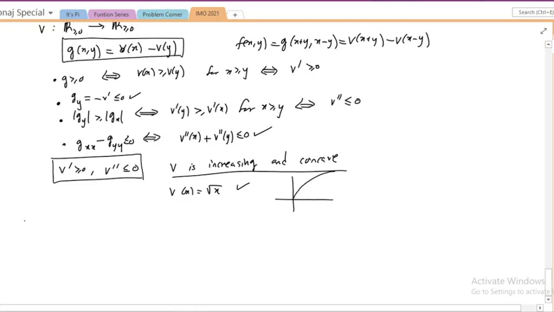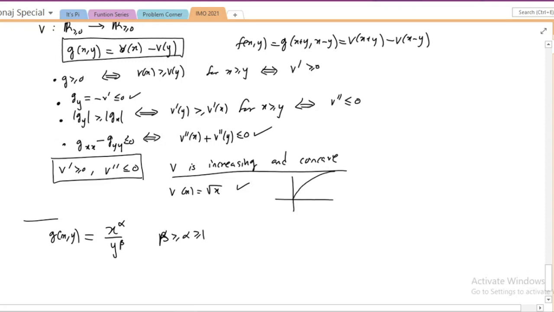So another class of function that actually just by observation satisfies this is g(x,y) equal to x raised to power alpha times y raised to power beta, where beta is greater than or equal to alpha, which is greater than or equal to 1.